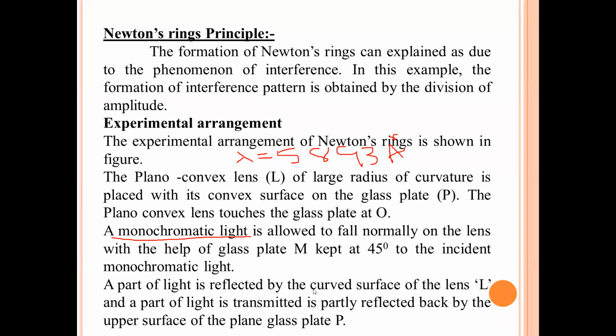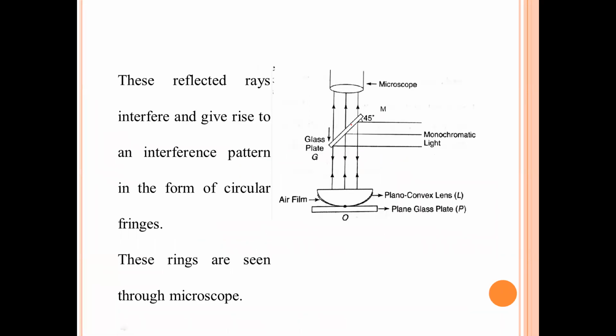Now, whenever a monochromatic light is incident on the glass plate, these rays are normally incident on the plano-convex lens. These incident rays are split into two parts.